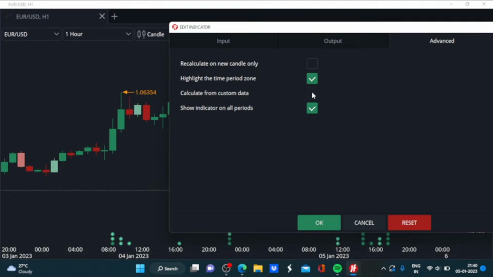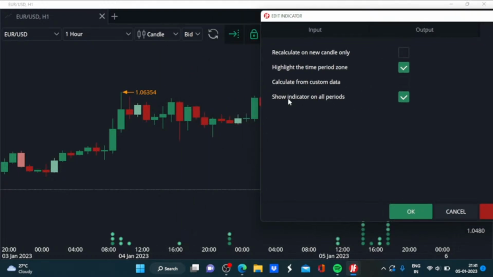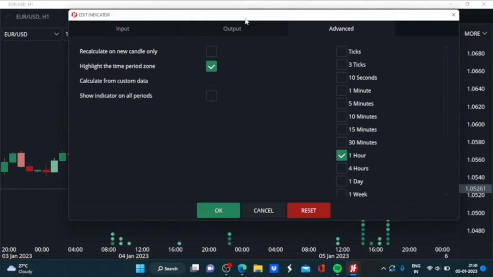Now, getting back to the editing options, show indicator on all the periods. If you want this pattern recognition to be available on all the candle periods, you have to opt in for this. Else, you simply have to specify on which candle period you want this pattern recognition to be available.